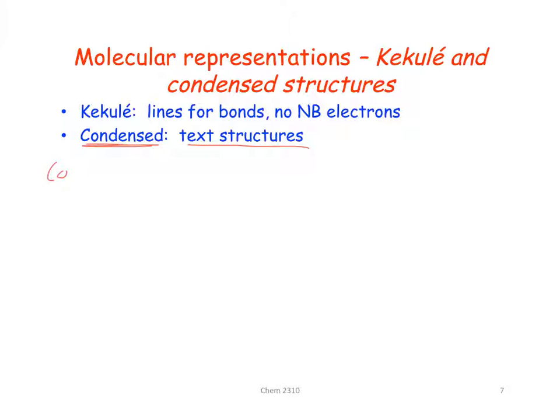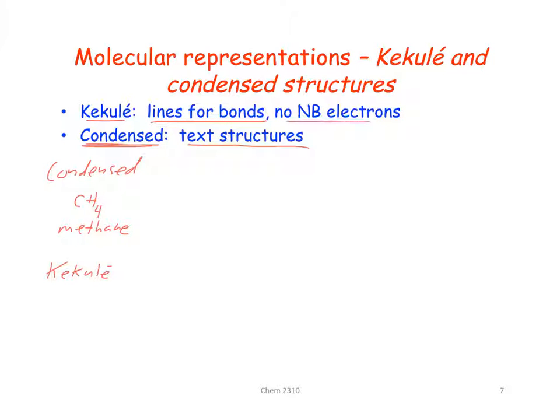Okay, so for condensed, right, we could have CH4. Okay, this is a condensed structure. This is of methane. Okay, for the Kekule, that's how that's pronounced, we're going to draw out all the bonds as lines.